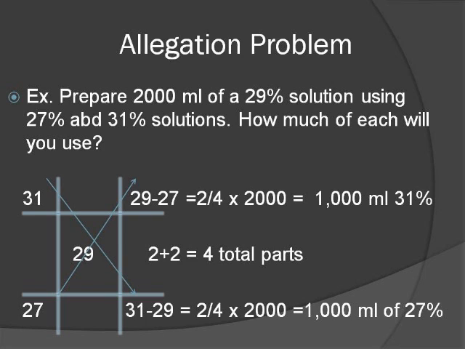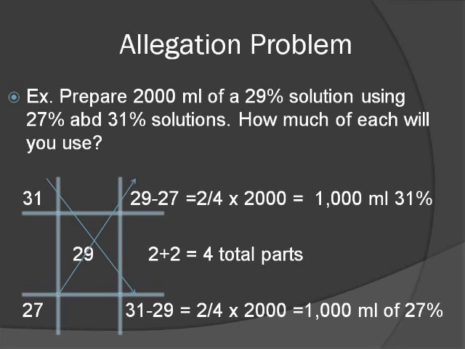So you see the 29 is going to be on the top right hand minus 27, and that gives us 2. And on the bottom right, you see 31 minus 29 gives us 2 also. So when we add those two together, we have a total of 4 parts. It's 2 parts for each ingredient.